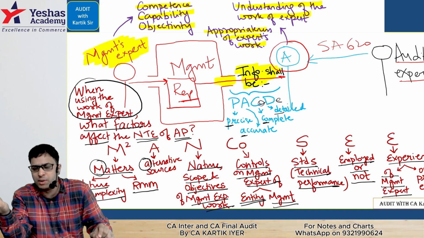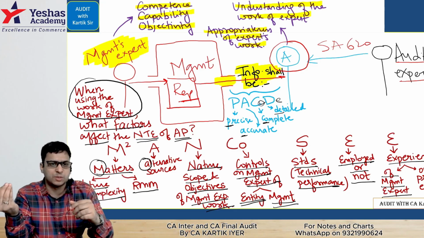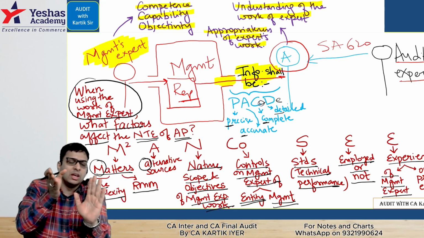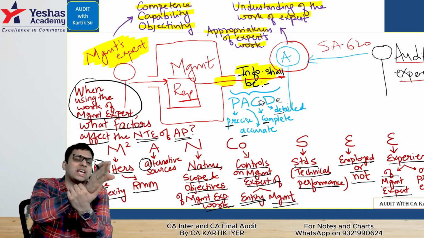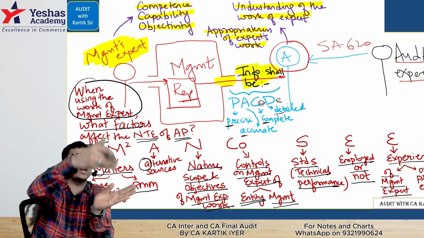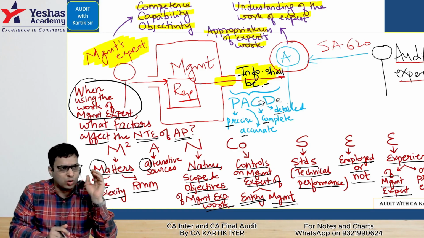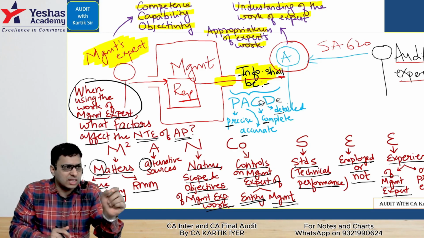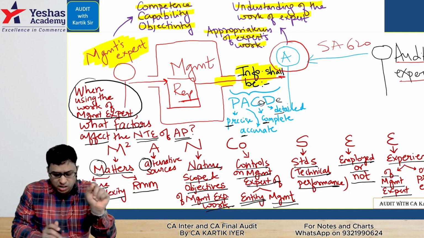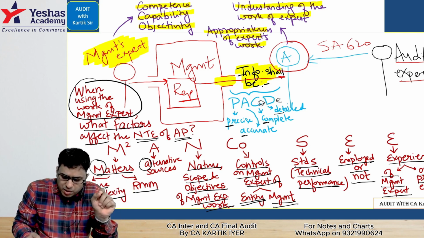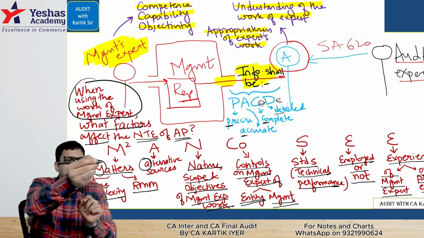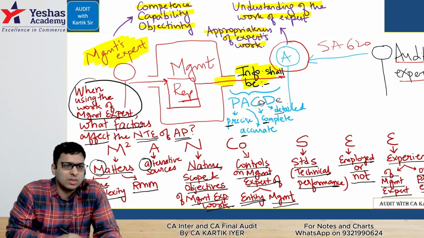When I'm doing the audit of A Limited now, they have appointed Arpita as an expert for giving a valuation report. Earlier, when I was doing the audit of X Limited, Y Limited, Z Limited, they also had appointed Arpita. And I know Arpita gives excellent valuation reports. So I have a good experience of working with her. That will also become a factor: our previous experience of working with the management expert. Are you there with me, yes or no? That is question number 11. 11 questions in essay 500.